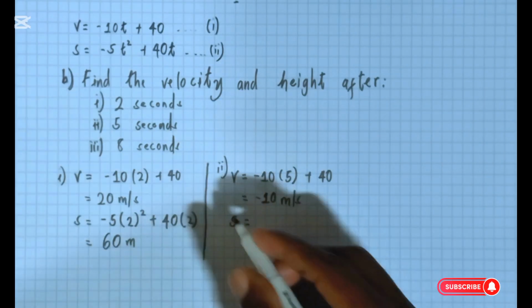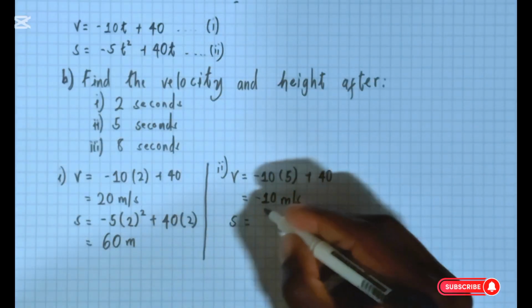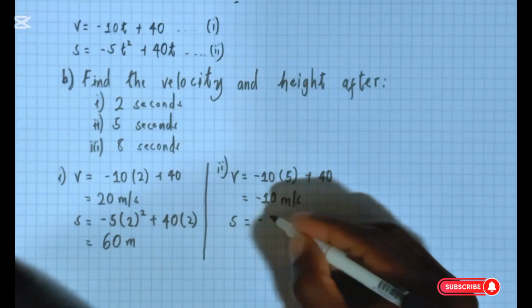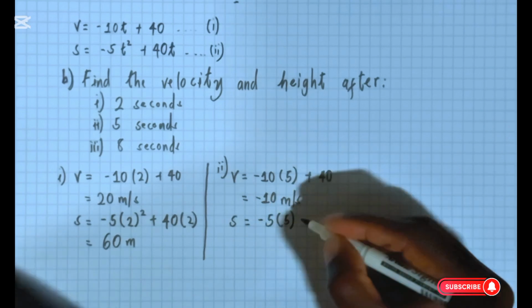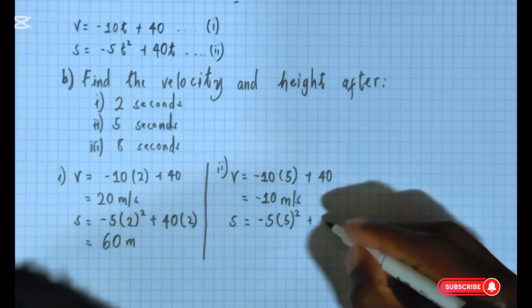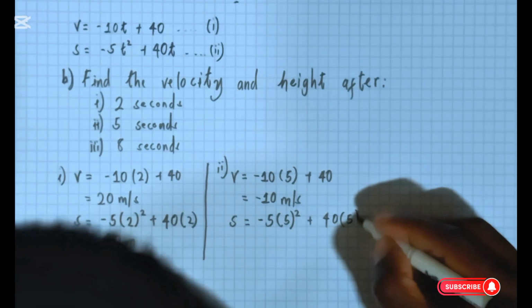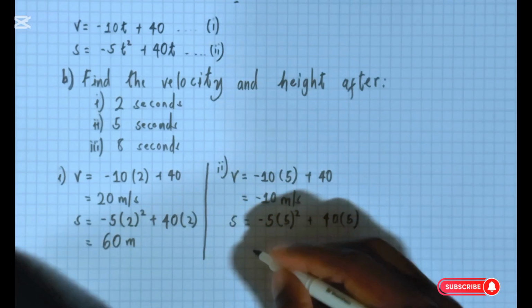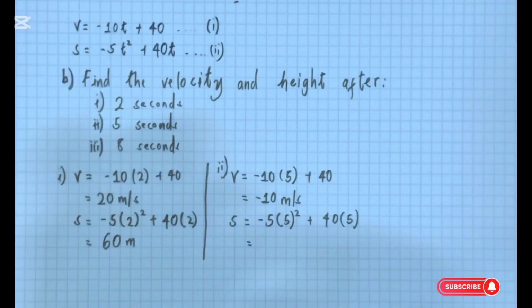And of course, our displacement will be directly into equation 2, where we have t, we put 5. So it will be -5 into 5 squared plus 40 into 5. That's the fifth second.